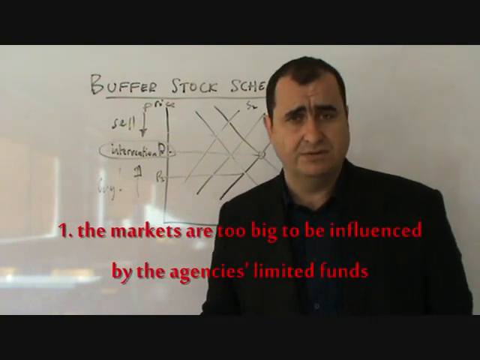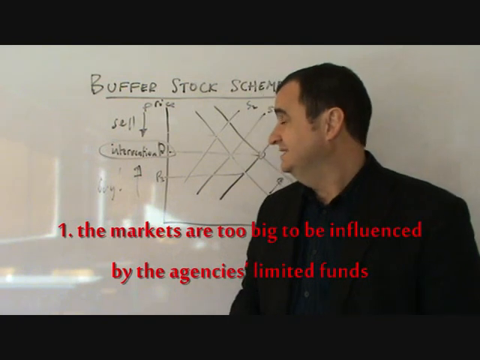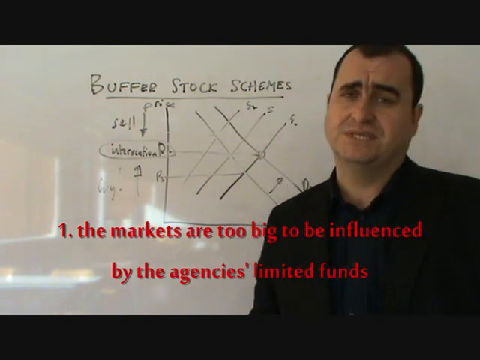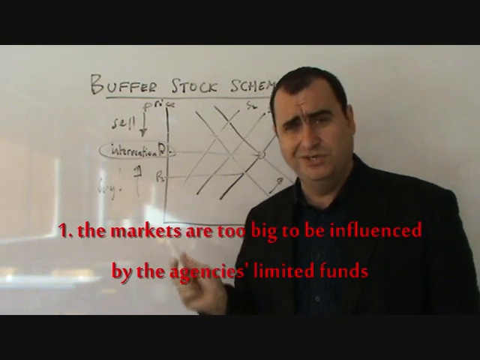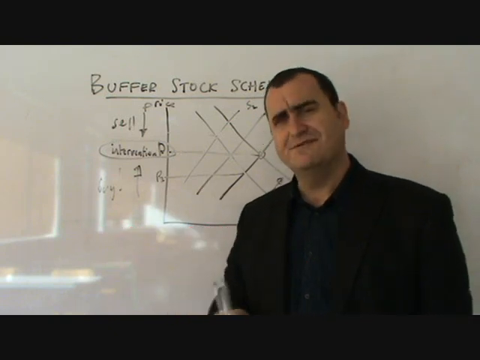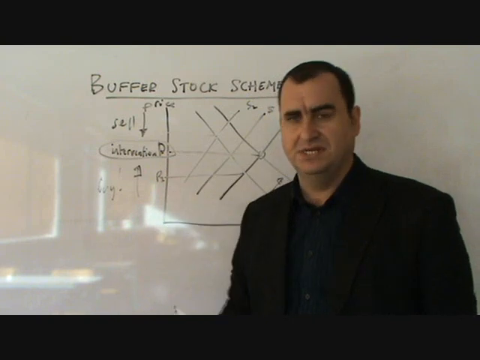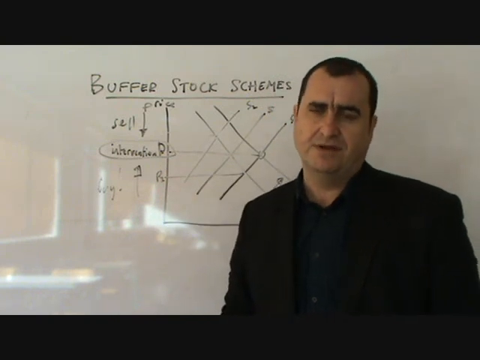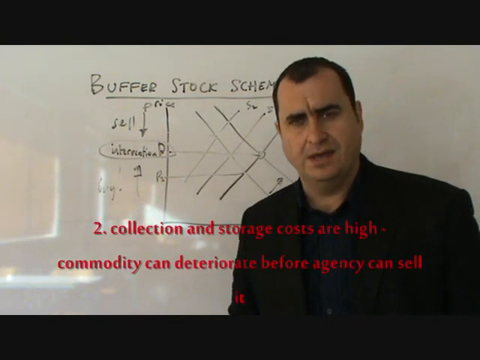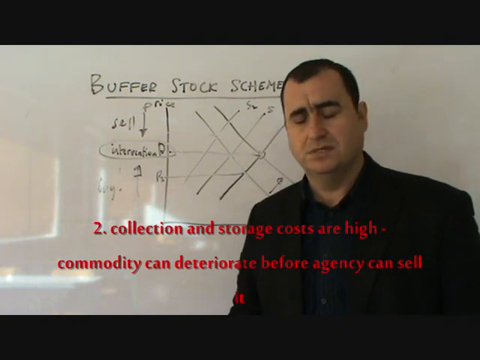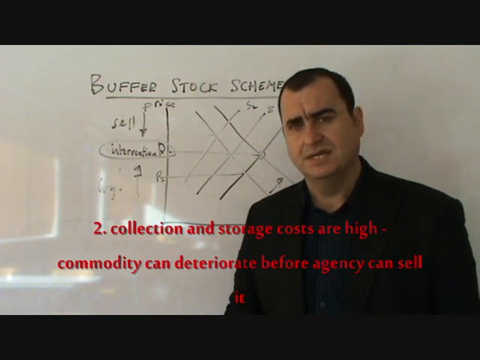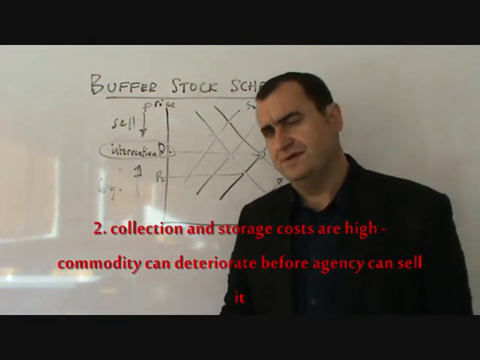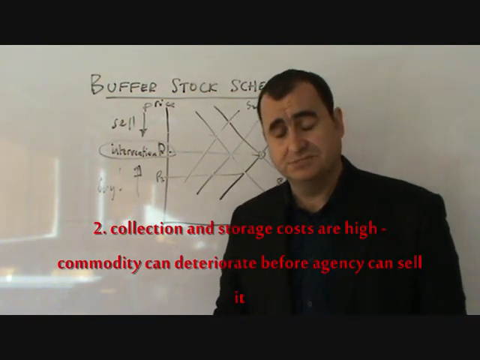Well, that in theory is how it should work, but buffer stock schemes usually fail over some years, and they fail for three reasons. Number one, these markets are huge, and it would take vast buying and selling to really influence these markets. And very often the financial commitment is not there. They don't have the money to influence the market. Secondly, the storage of the commodity is expensive.